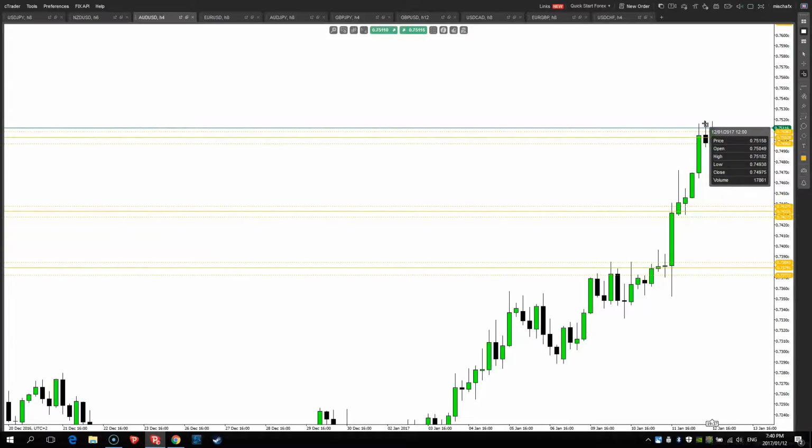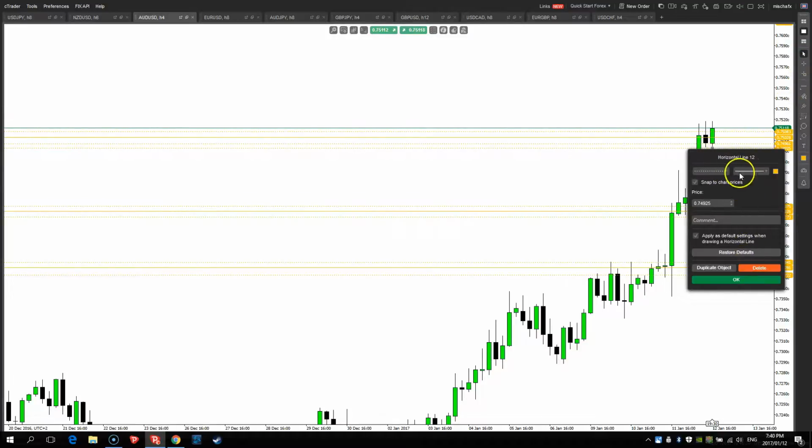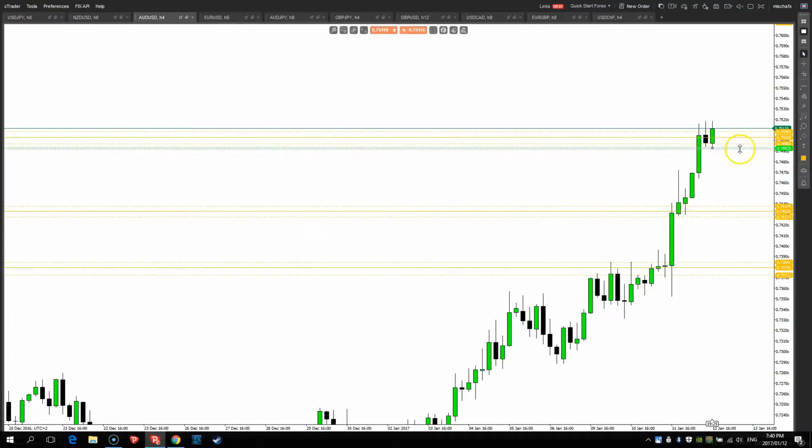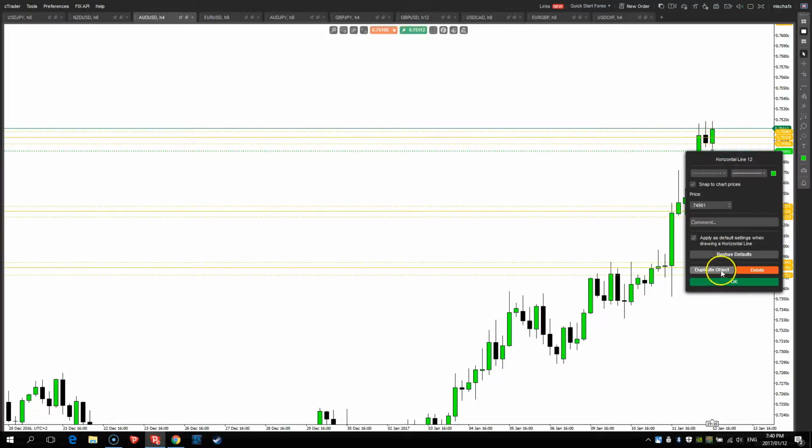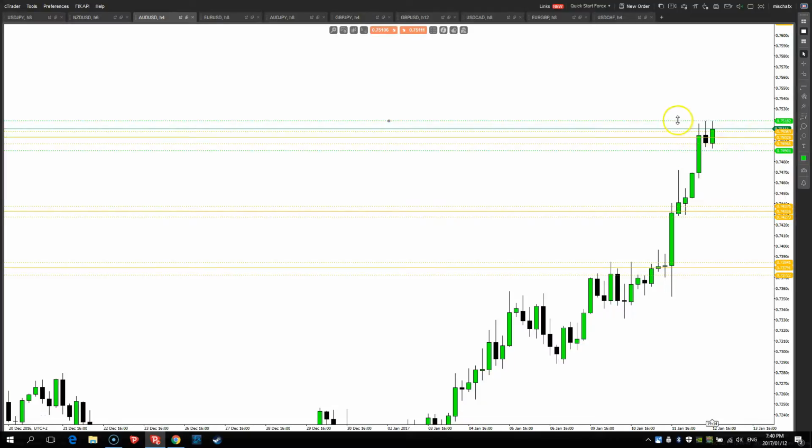Okay, so 5 pips above the high of this candle. Let's quickly see if I can get some lines here just to illustrate it. So our entry would be at 0.7490. Okay, then it means we would have not entered this trade yet. And our stop loss is at 0.7523. Perfect. So that would be my stop loss and my target.